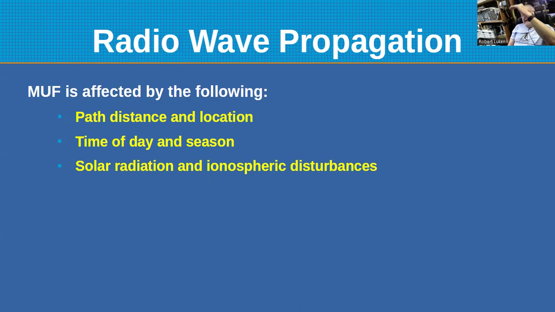And if it's bent enough, it will bend back down and reach the earth and possibly be reflected off of the earth. That's not refraction, that's reflection. So refraction is the bend and reflection is the bounce. Right.